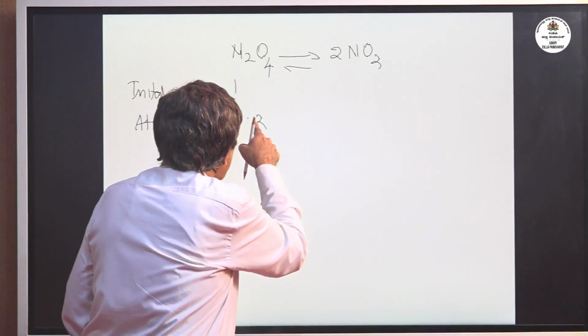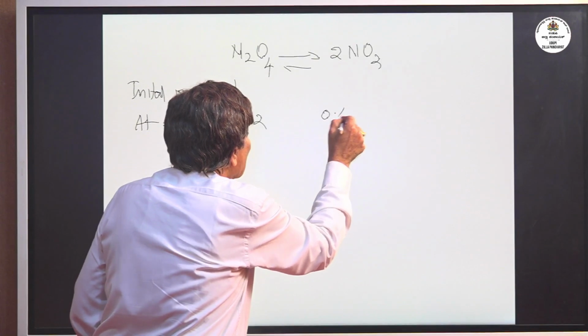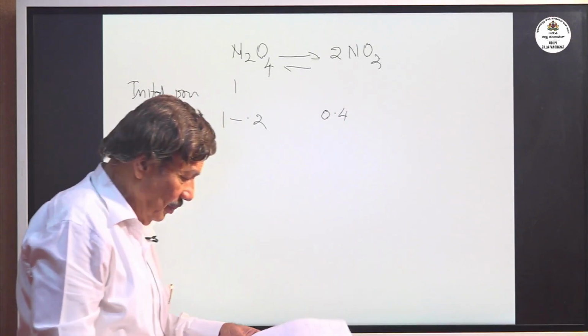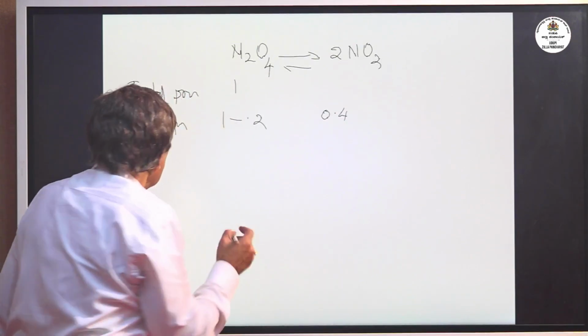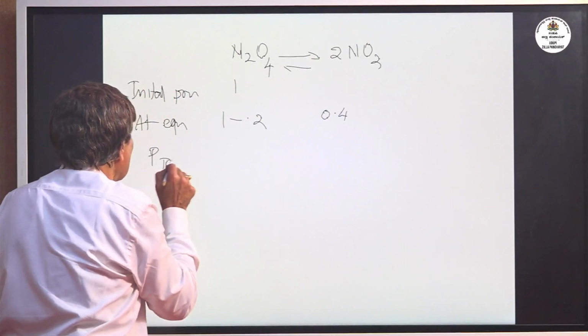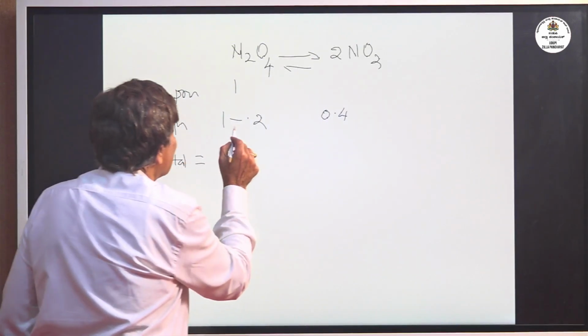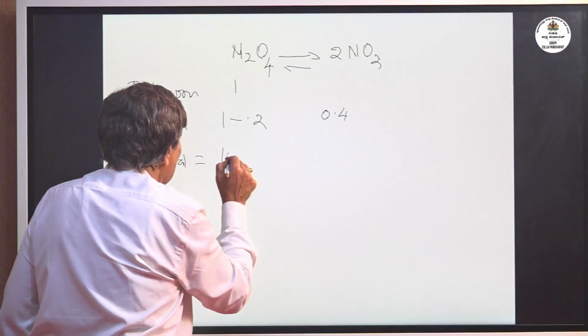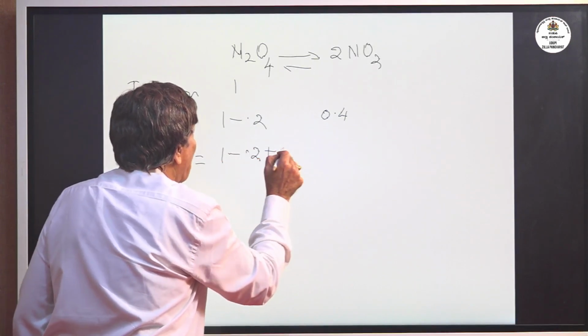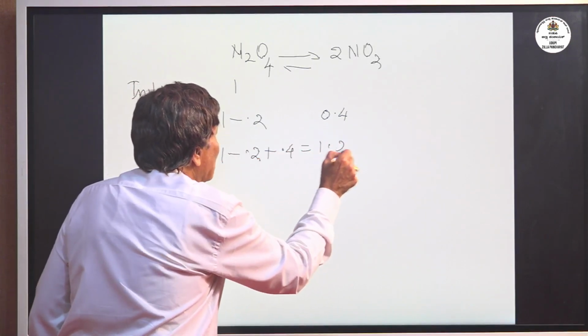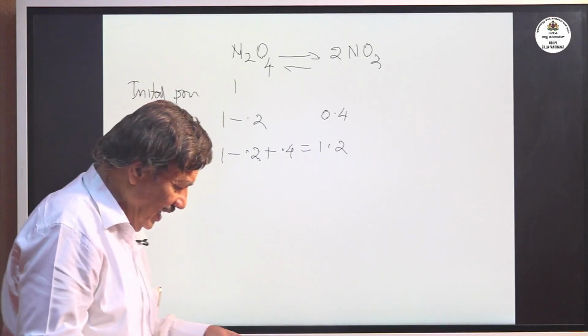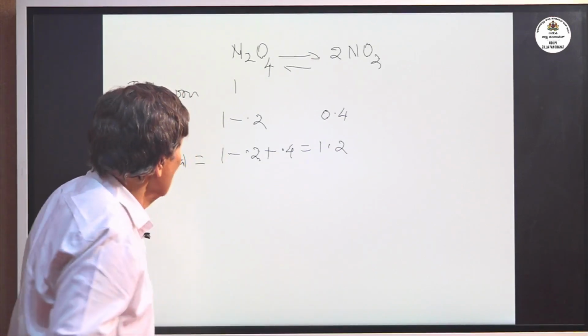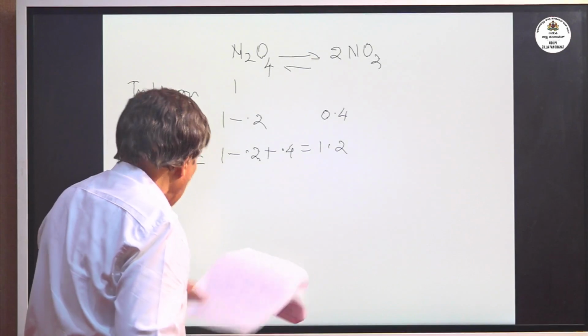Since this is 0.2, NO2 should be 0.4. So then P total is how much? 1 minus 0.2 plus 0.4, that is 1.2.